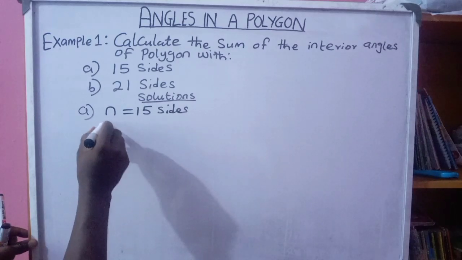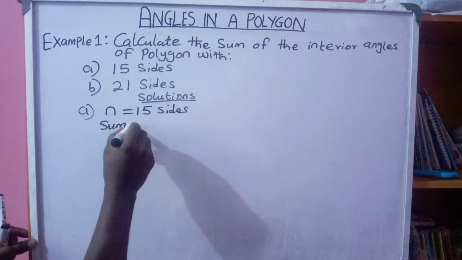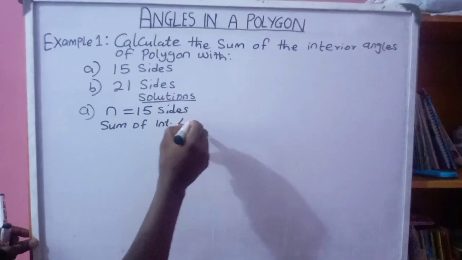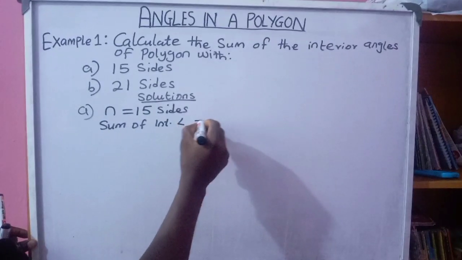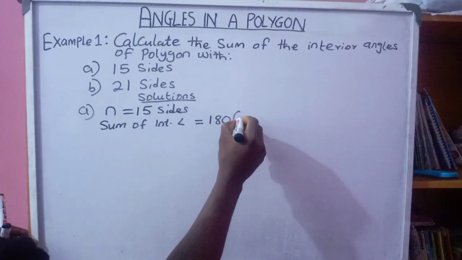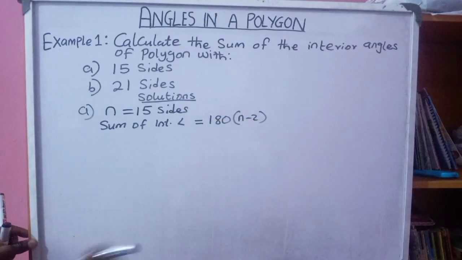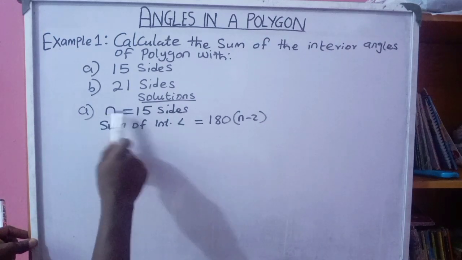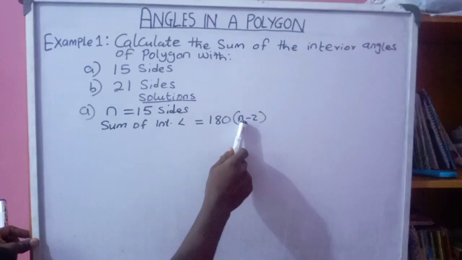Remember the formula: sum of interior angles of a regular polygon is equal to 180 bracket n minus 2. It is in the formula already. Then to get the answer, we substitute our 15, which represents the number of sides, for n here.